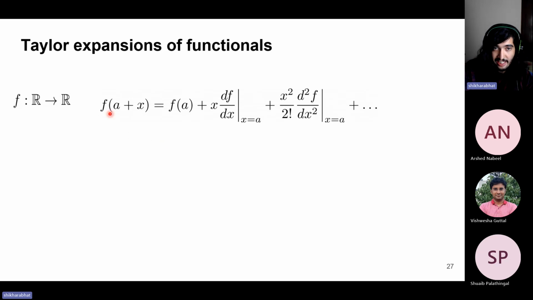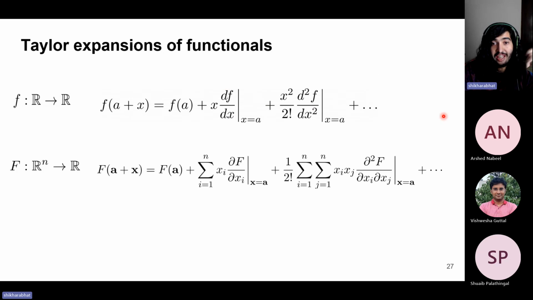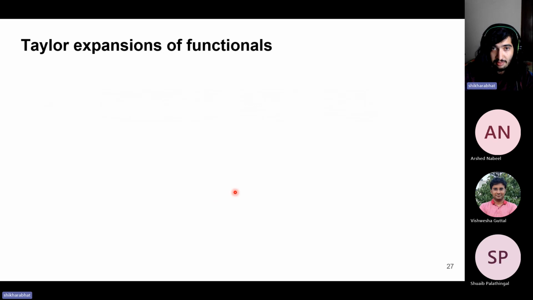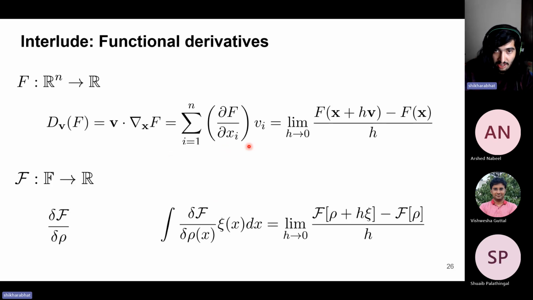The Taylor expansion says f(a + x) is f(a) plus perturbation times this sensitivity ∂f/∂x, and higher order analogues of the same. If I have a multi-dimensional function, capital F, I can do the same thing. Notice that what turns up in the Taylor expansion, this Σ x_i ∂f/∂x_i, is precisely the directional derivative.